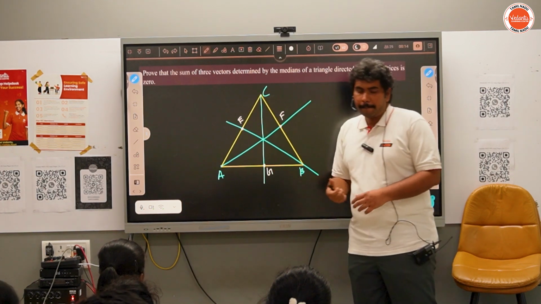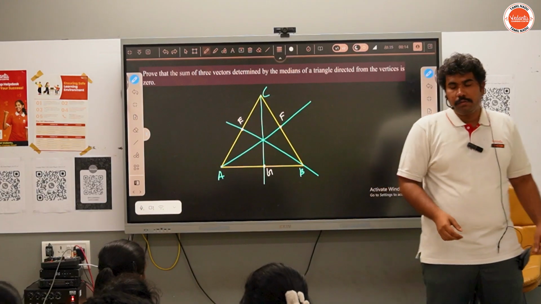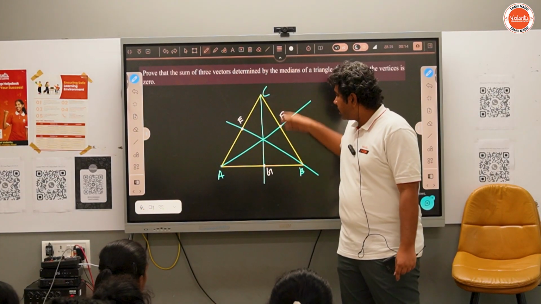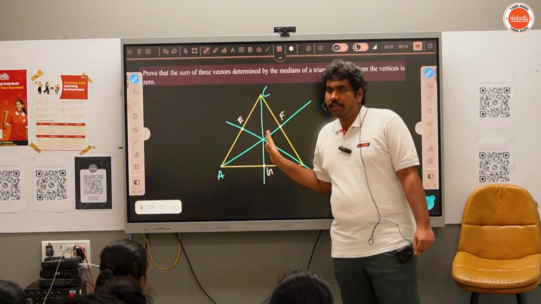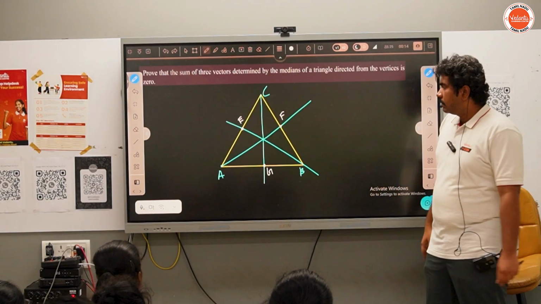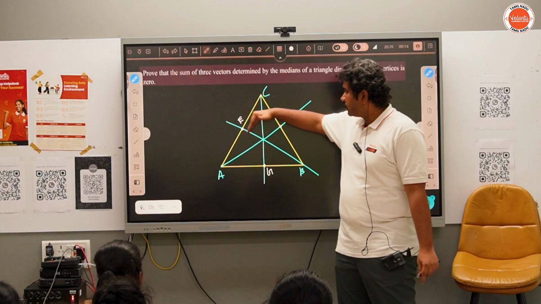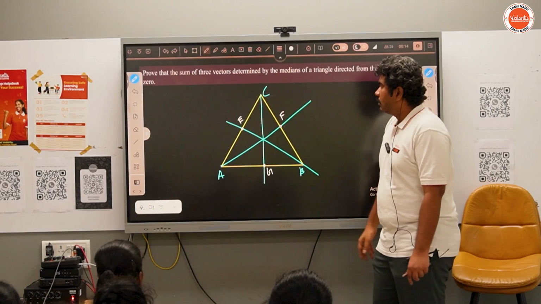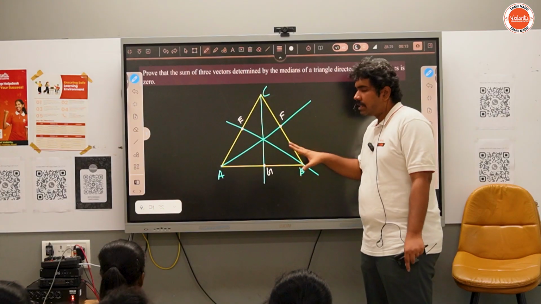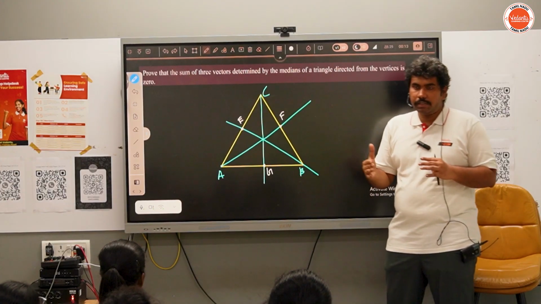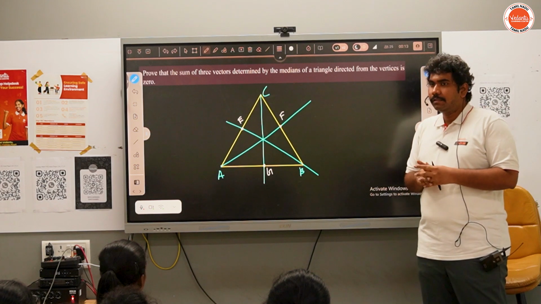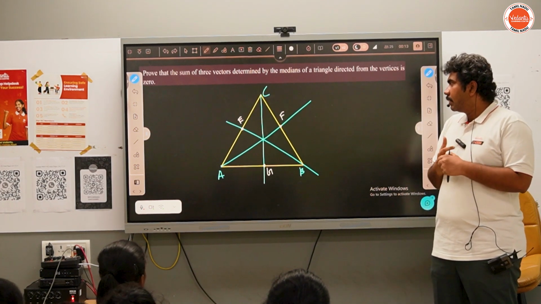Now is there any relation between the sides and the median here in terms of vector? Is there any relation between the sides and the median? So say for example you take AC, BC and CG. Is there any relation you can get? Concurrent, yes.